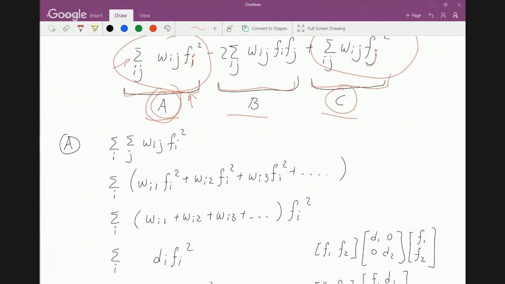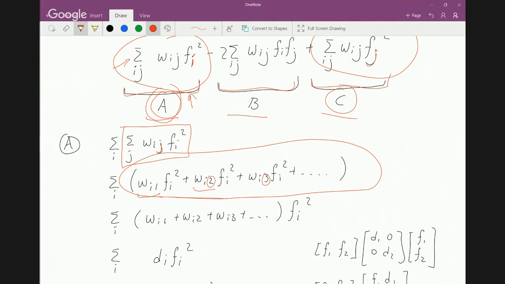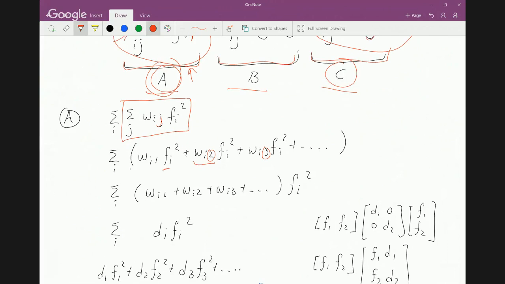After that, I just look at this portion. What does that mean? It means that we're going to add up all the j's. So what that means is Wij with j equal to 1, Wij with j equal to 2, Wij with j equal to 3, and we're just adding all of them up. Now, since Fi is all the same, we can just pull this outside, which is right here.